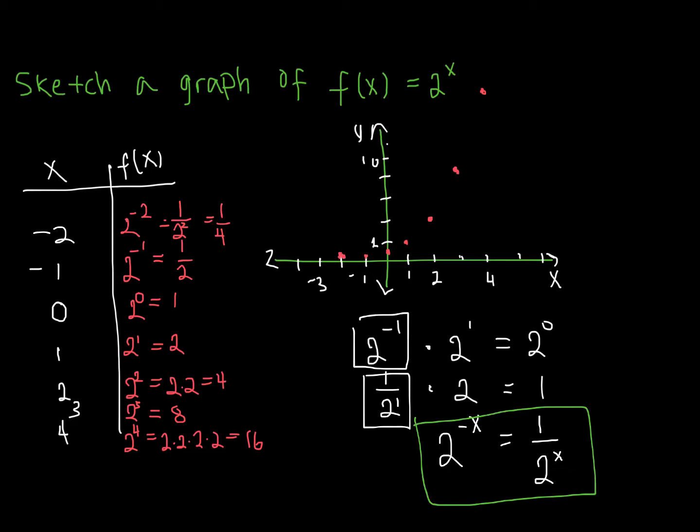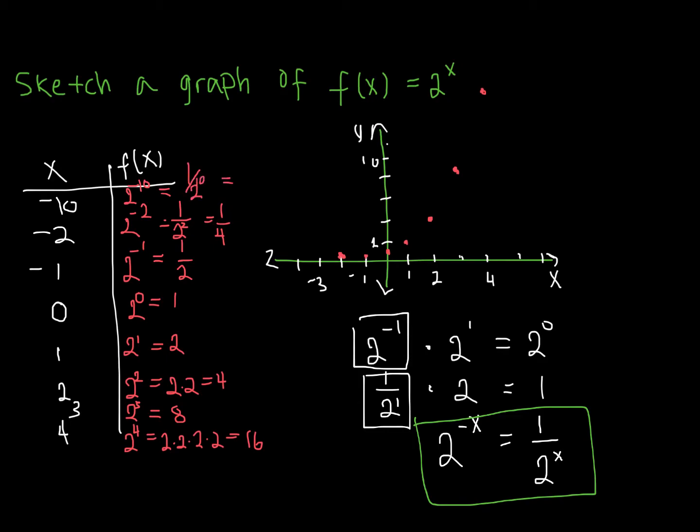Now let's think about what happens if you were to plug in a really big negative number. Let's say you were to plug in negative 10. What's 2 to the negative 10? Is it going to be positive or negative? Well, it's going to be 1 over 2 to the 10.